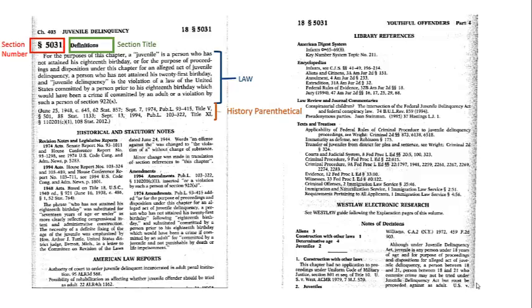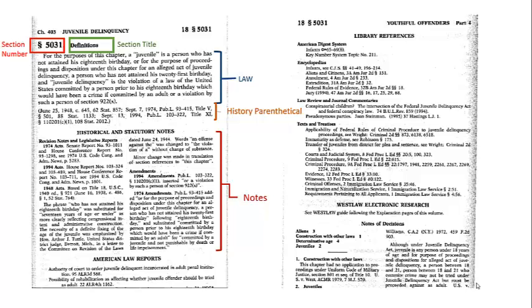The next thing that's very important to know about is the history parenthetical, and that parenthetical is going to give you information about when the law originated and then the subsequent amendments to that particular law. Now this section, the historical and statutory notes, is often overlooked but is very, very useful.